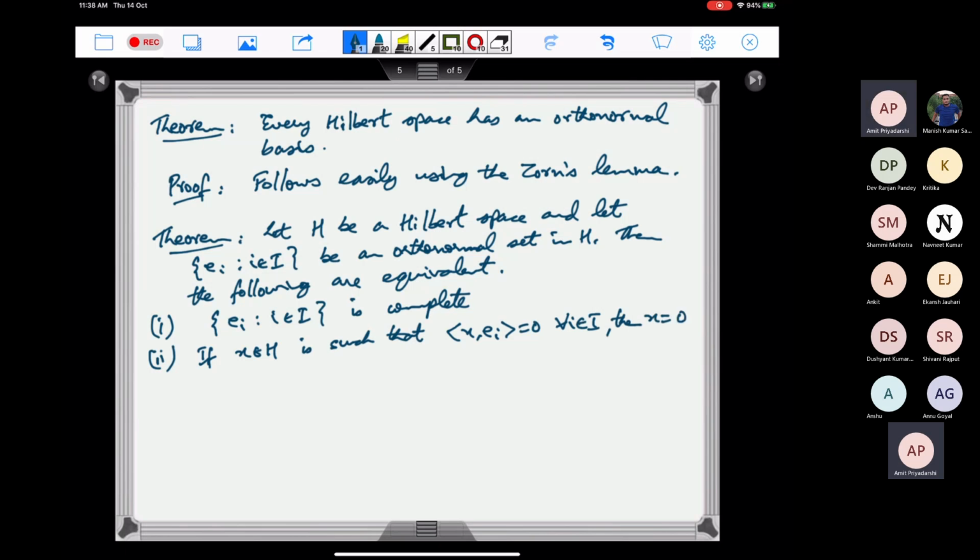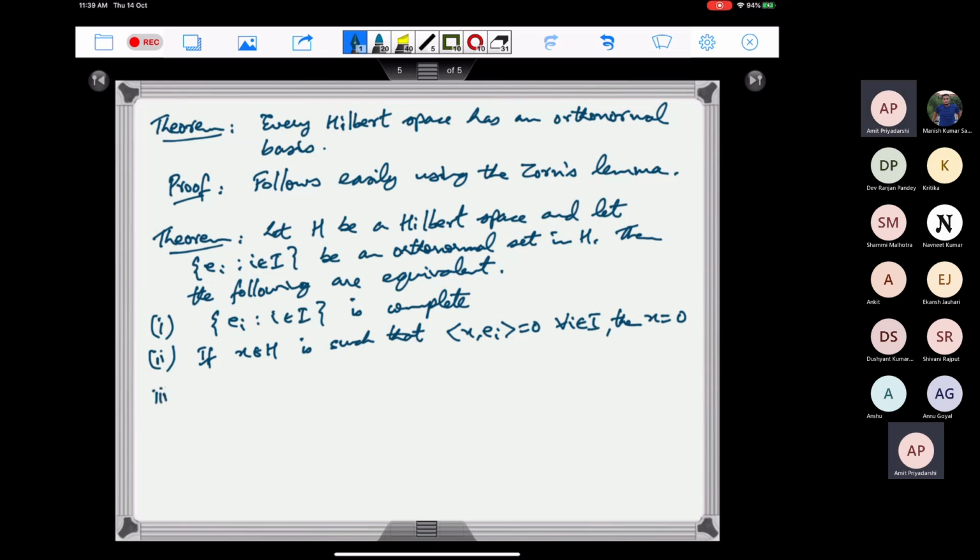So this is the same thing as saying that 0 is the only vector which is in the orthogonal complement of this set, right? So if something is orthogonal to all the vectors of this complete orthonormal set, then this must be 0.